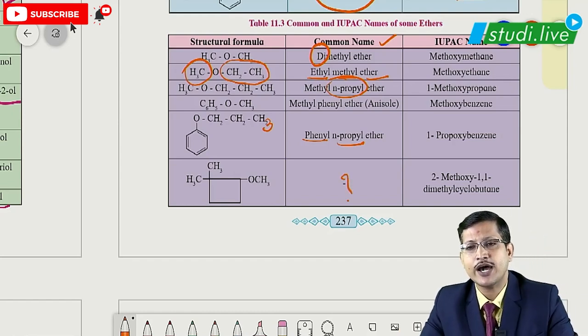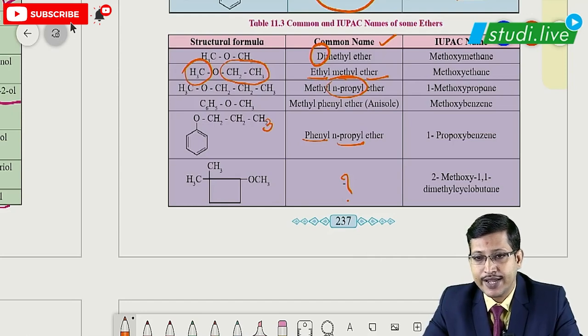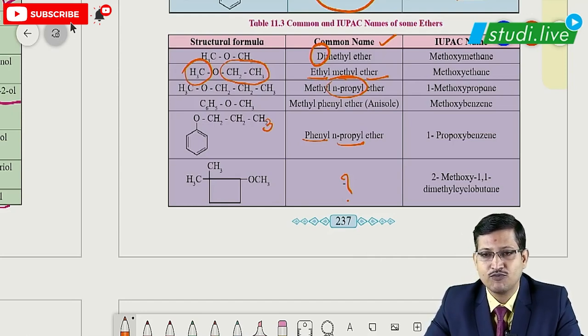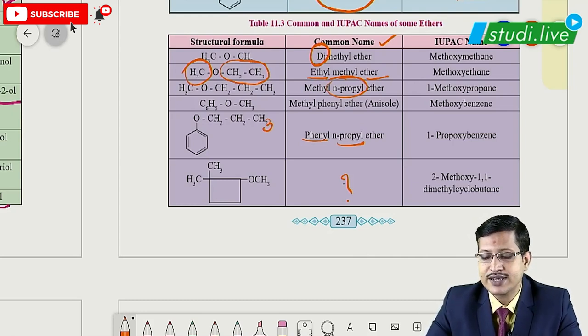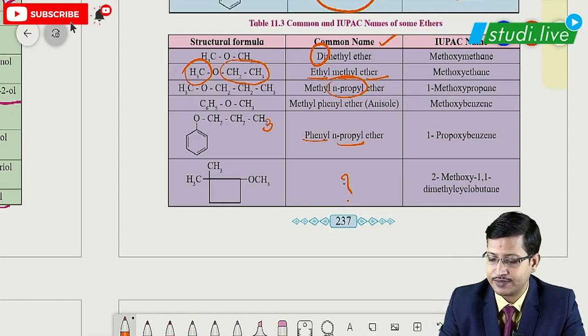Now coming back to the IUPAC nomenclature system. In the IUPAC nomenclature system, what exactly are we doing? For ethers, it is called alkoxyalkane. I'll just annotate it here for you.